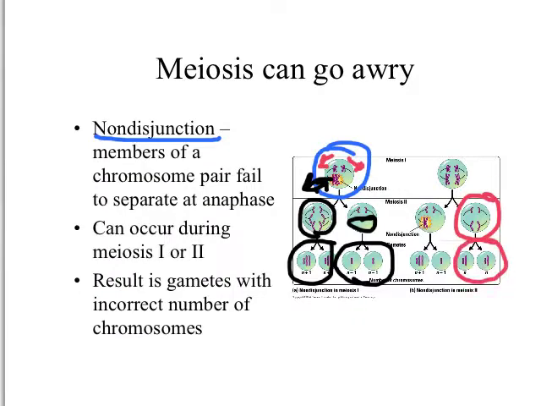But on the left, these sister chromatids right here failed to separate, so we're going to get 1 egg or sperm that has 3 chromosomes, and then the other one just has 1 of the little chromatids. So that's going to be a major failure, gone awry. It's going to have dire consequences.